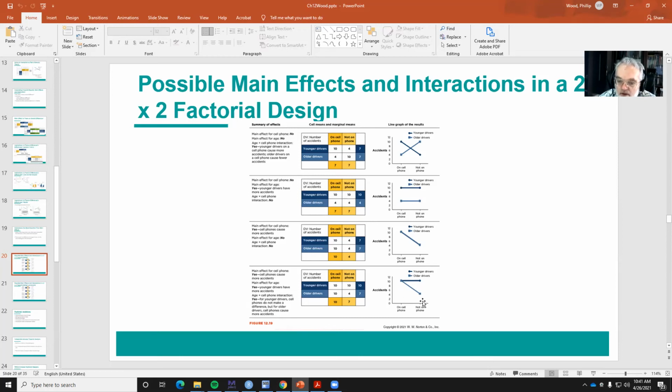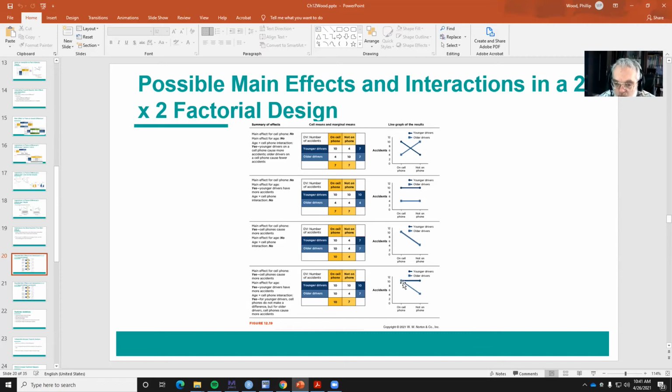So as you interpret this, if you wanted to describe it, there is an interaction between younger and older drivers. I would have a main effect for younger versus older if I squeeze the endpoints of these two lines together, but I tend not to talk about that. And similarly, I would have a main effect for the other variable.